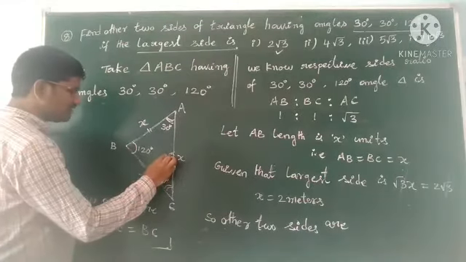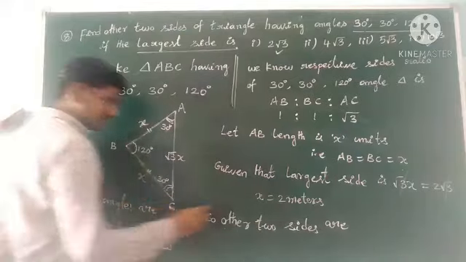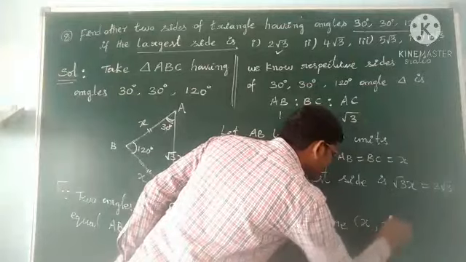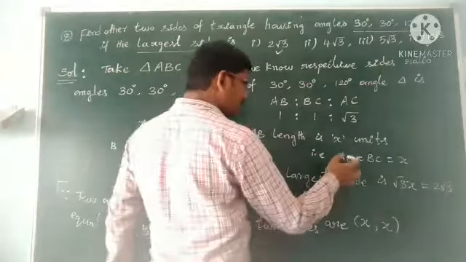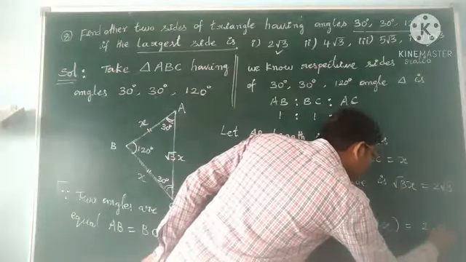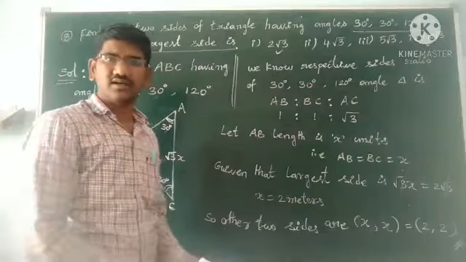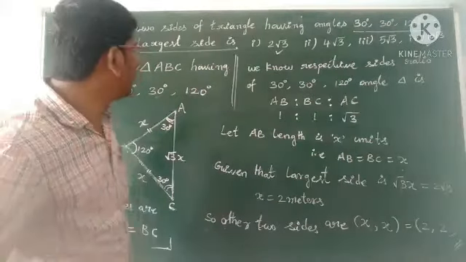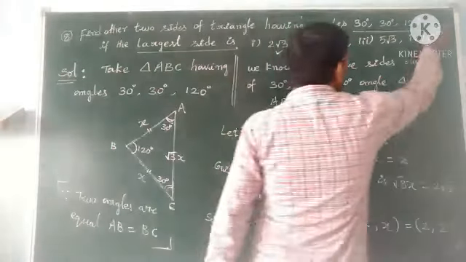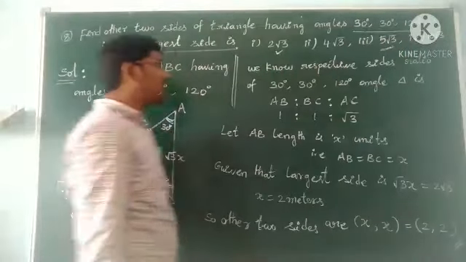The root 3 into x value is what they have given us. The x value we got is 2 meters, so the other two sides are 2 comma 2. Hence the answer is clear. Now I will do another problem, the third one. The rest of the two problems you take as homework.